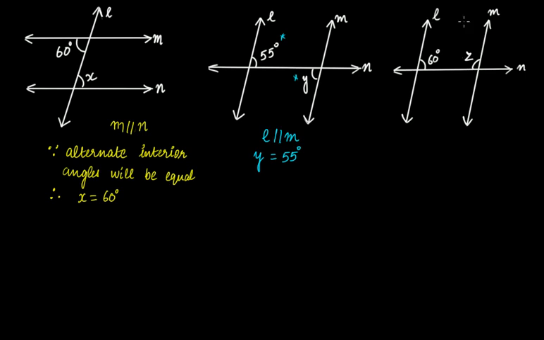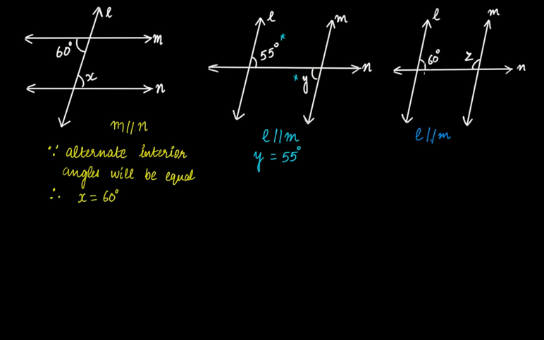If you solve for this one, L and M are parallel and N is the transversal. Now, the third property of the transversal to the parallel lines, if you remember, is that the interior angles to the same side of the transversal is supplementary.